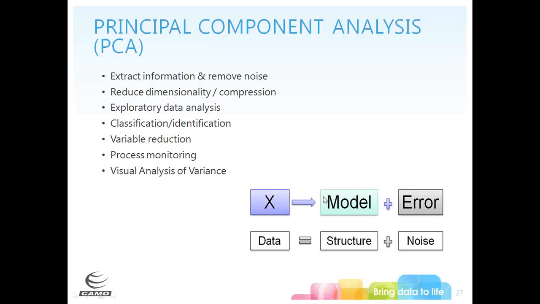So what we're doing when we're doing principal component analysis is we're taking a matrix of data, X, which is comprised of many samples and variables, and developing a PCA model which is comprised of the different principal components which carry the structured variance in our data, and bundling the remaining part of our data into error terms, which are actually the noise, the unstructured variance in the data.